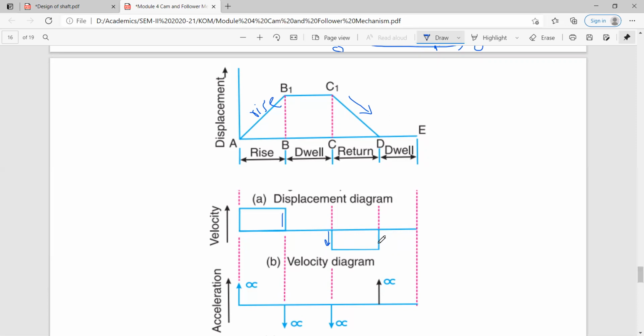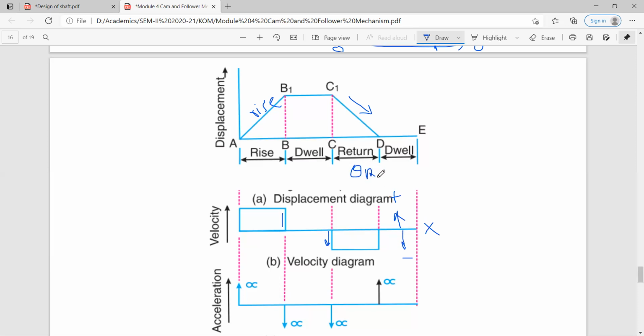But direction has changed. So a rectangle is shown in the negative direction. It is your x-axis. Here you take positive values, and downward you take the negative values. So this value will again depend on this angle theta r.